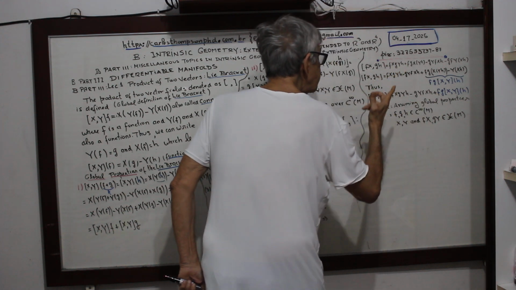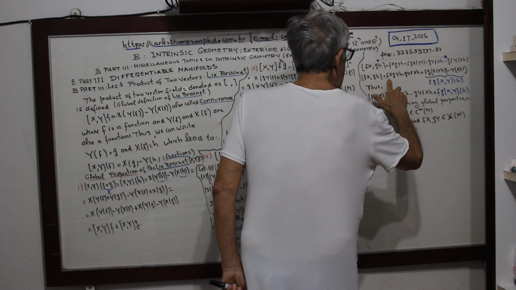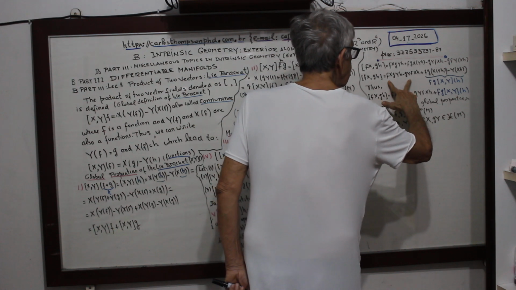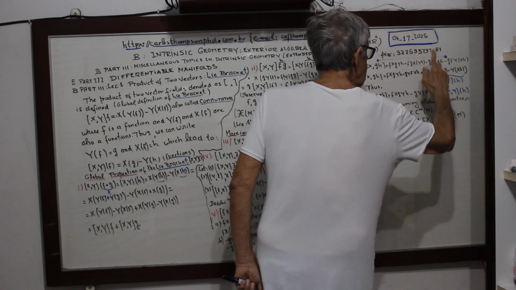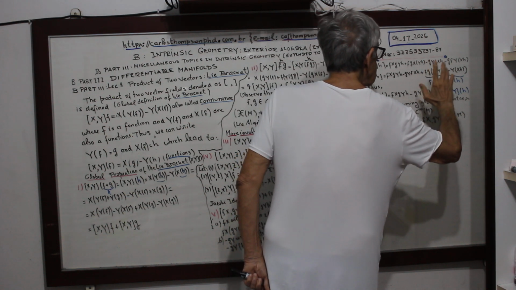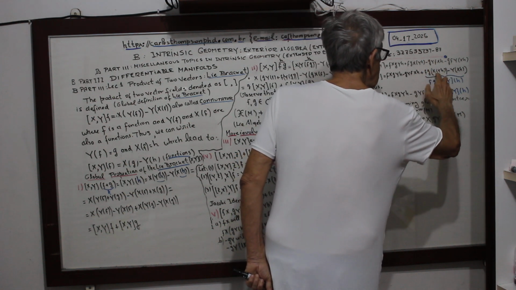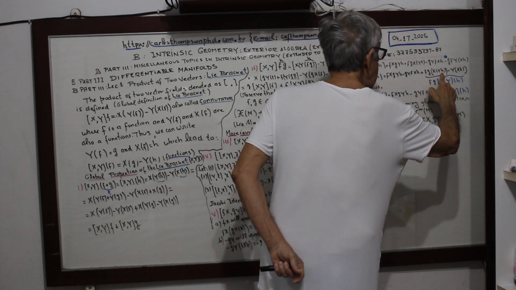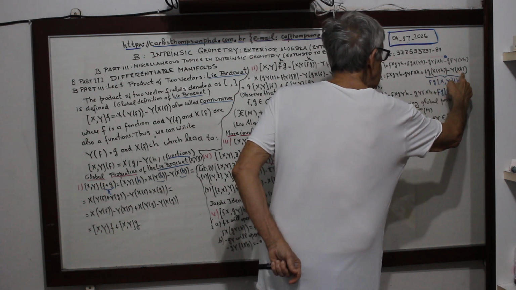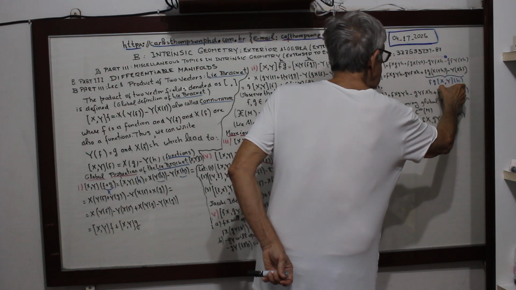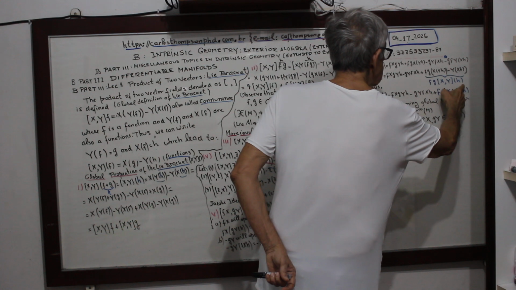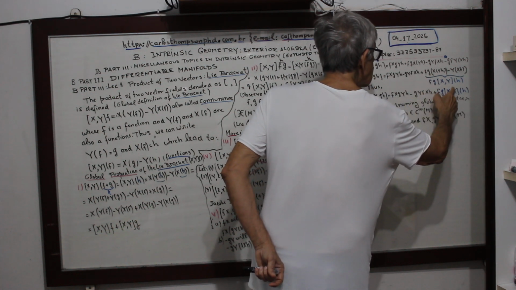Now I can group. You see, f and g here, in this case I have fg. You see, it's clear. See, fg, this x, yh minus y, xh, which is just the Lie bracket of h. Fg, Lie bracket of h.